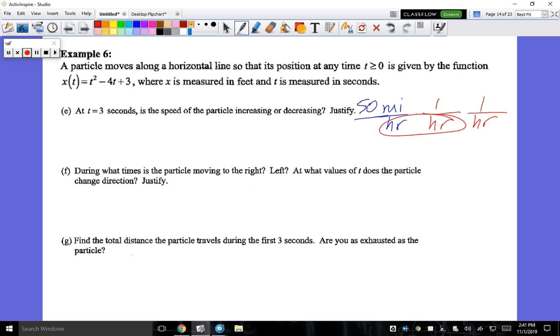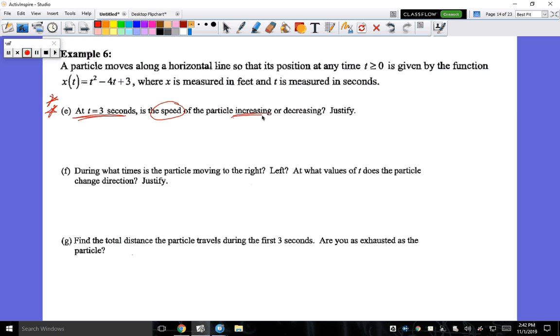But anyway, at t equals 3 seconds, is the speed of the particle, this one's big, put a big asterisk, increasing or decreasing, and then we're going to justify. Now, yes, Omar. Decreasing. You say decreasing? Oh, wait. Roby, what do you say?